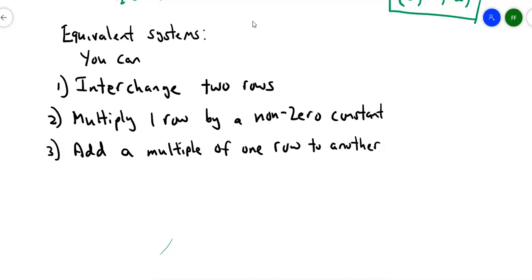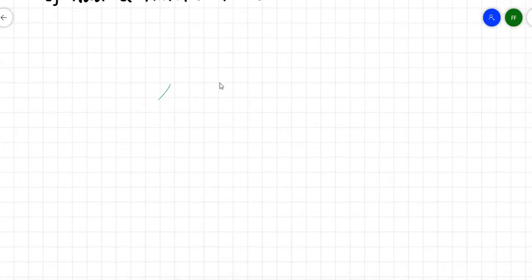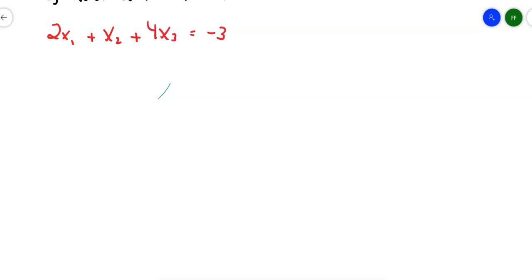All right, so let's take a look at a system of 3 equations and 3 unknowns and see if we can come up with a solution by eventually writing it in row echelon form. So let's start by writing out the system like this. I've got 2x sub 1 plus x sub 2 plus 4x sub 3 equals negative 3.